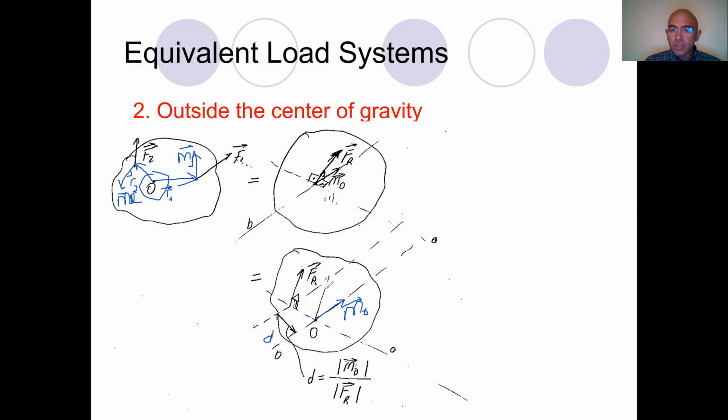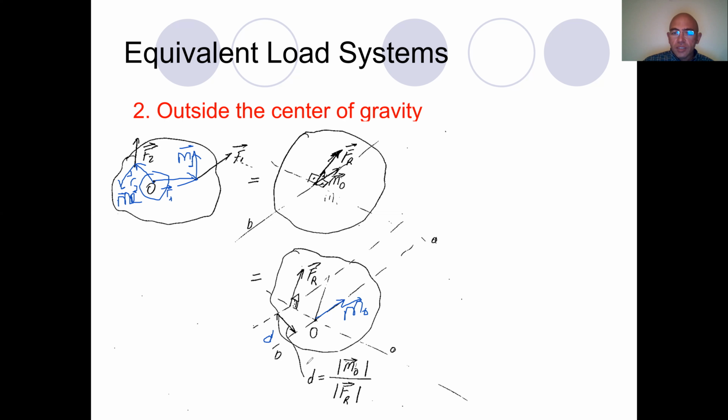And along this axis, if I move the resultant force to a point on this axis, certainly the moment generated will be 0. The moment on this axis is 0. So this system is equivalent to this one, and this is equivalent to this one.